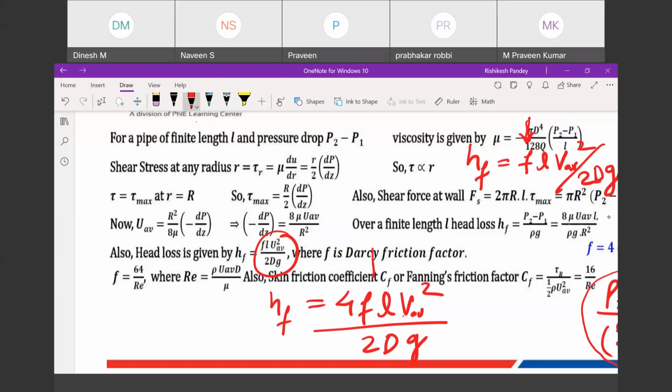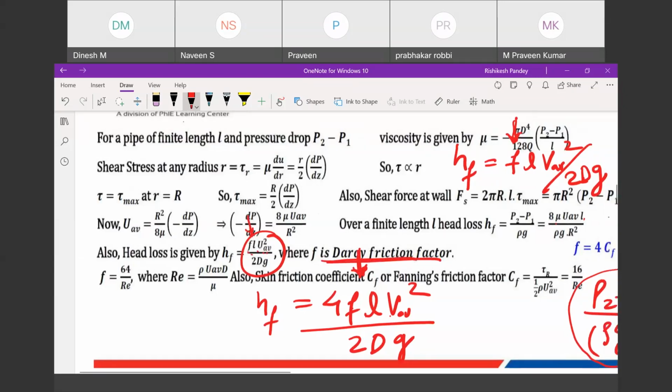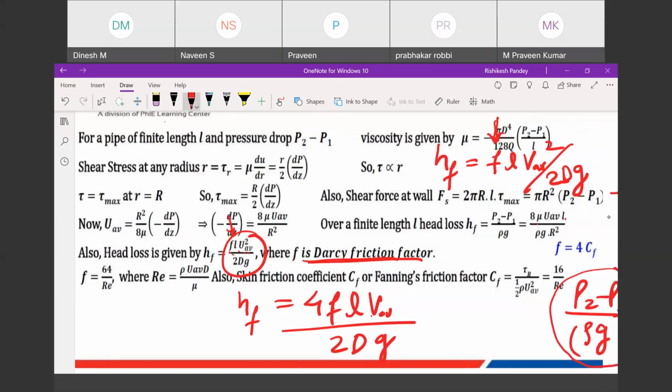Here this F is not the Darcy friction factor. If it is FLV square by 2 dg, then this F is the Darcy friction factor. But if it is 4 FLV square by 2 dg, then this F is not the Darcy friction factor. It is the Fanning friction factor or skin friction coefficient. So it is better to write 4 CF instead of F, where CF is the skin friction coefficient: 4 CF L V average square by 2 dg.